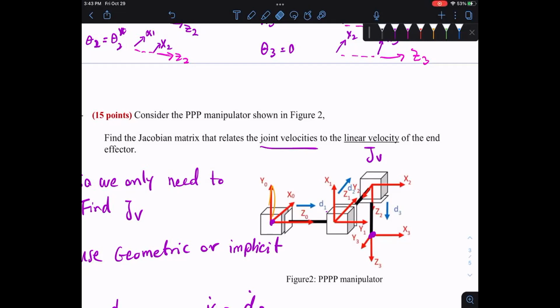So the top 3 rows. If you would have done the whole thing, I would deduct points because you didn't understand what I'm asking. There will be something that you need to read carefully in the exam. But for this case, the other 3 are 0.